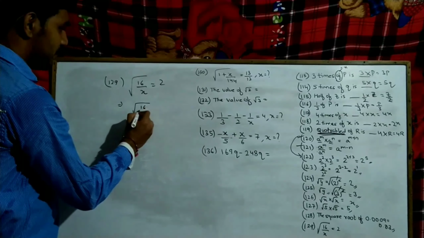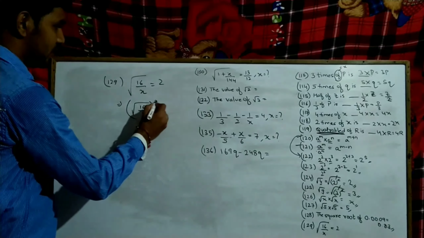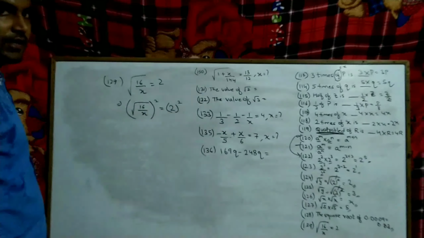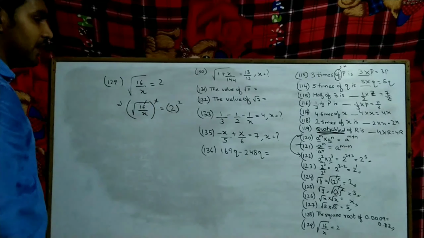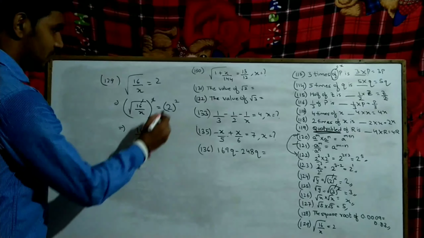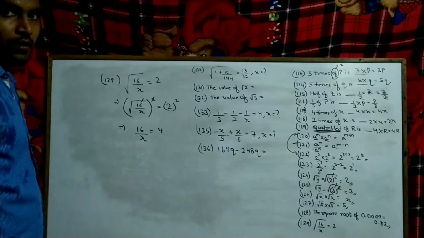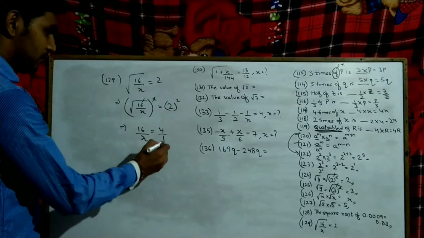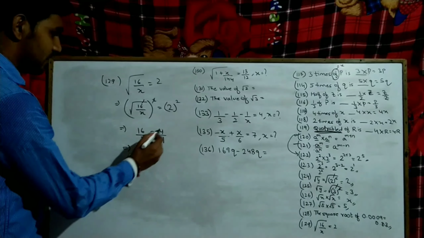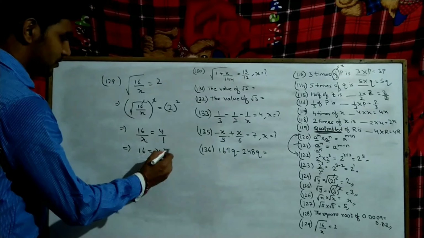So 16 by x whole square is equal to 2 whole square. I am just squaring both sides. Now this square and root will be cancelled. So 16 by x is equal to 2 square, 4. Okay. Now cross multiplication: 1 into 16 is equal to x into 4.